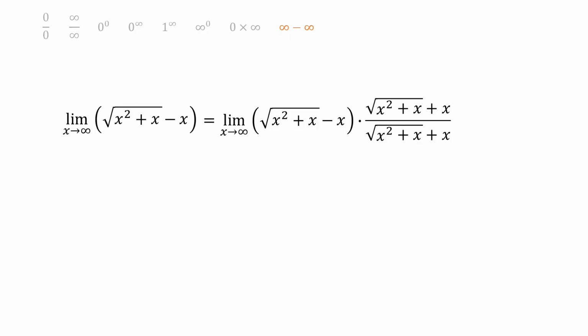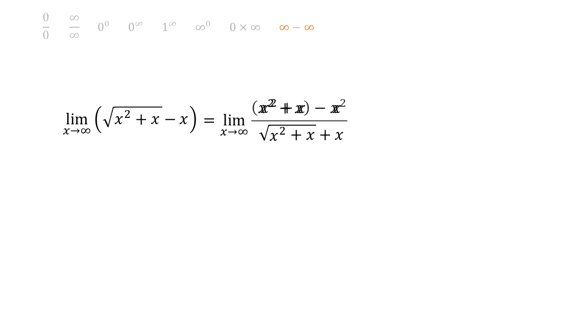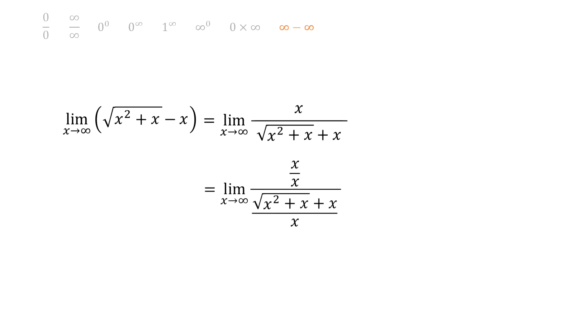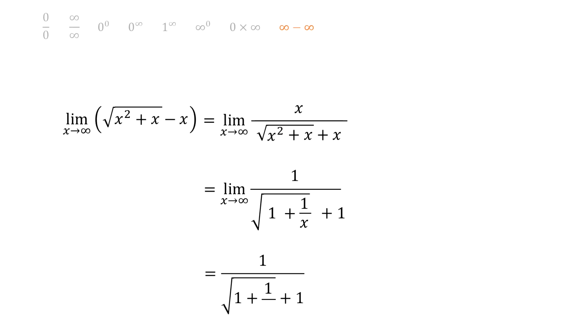In the numerator, we get a difference of squares, which simplifies the expression. Then, we divide both the numerator and the denominator by x, and simplify it. As x tends to infinity, 1 over x tends to 0. Therefore, the limit is 1/2.